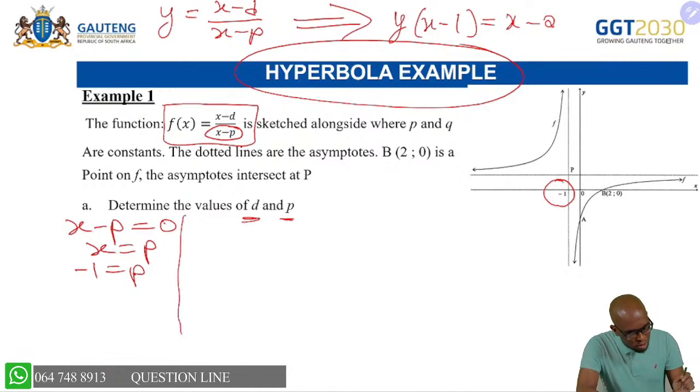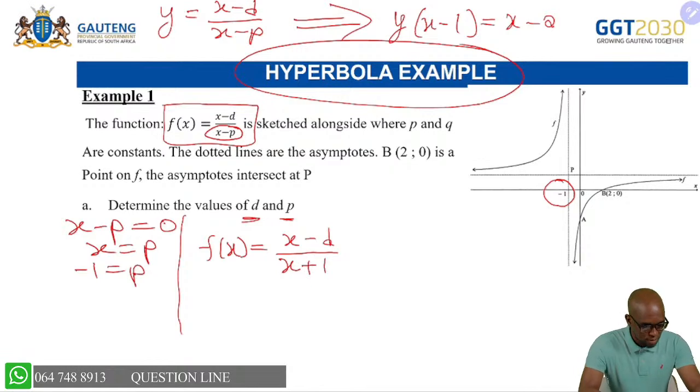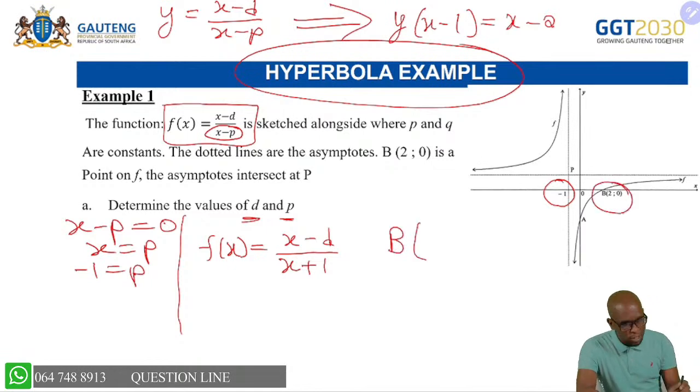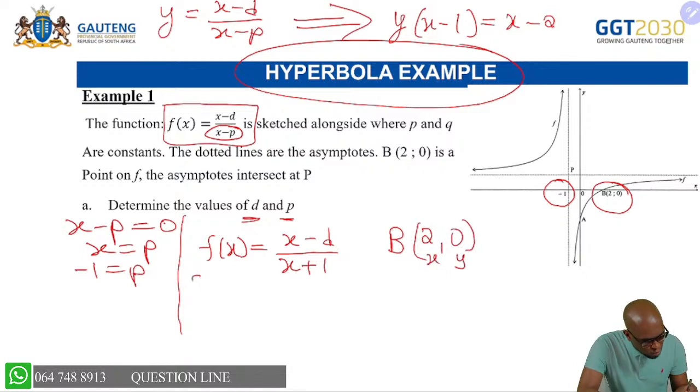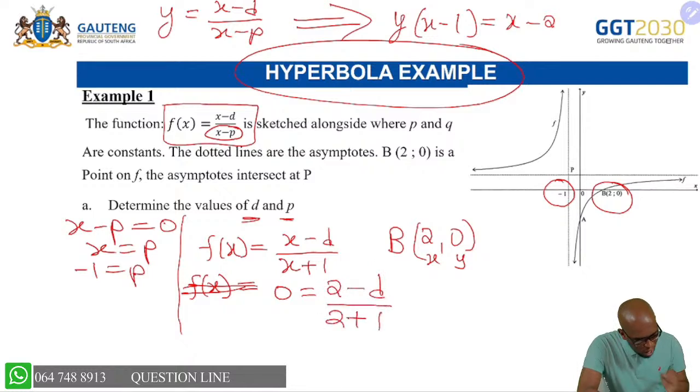If you look at the function itself, let's substitute the value of p: f of x is (x minus d) over (x plus 1). Now, we are given a point B on the graph where x is 2 and y is 0. So we can substitute that point: 0 equals (2 minus d) over (2 plus 1).